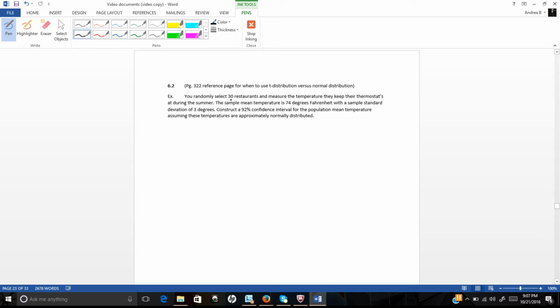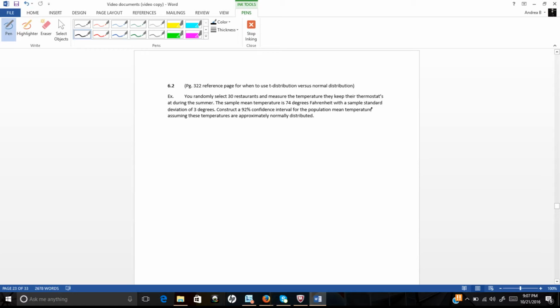If the sample size is less than 30, and it's coming from a normal distribution, and we're given sample values, like in this case how we're given a sample mean and sample standard deviation, then you use the t-distribution. You would still use the normal distribution if the mean and standard deviation were coming from the population instead of the sample.